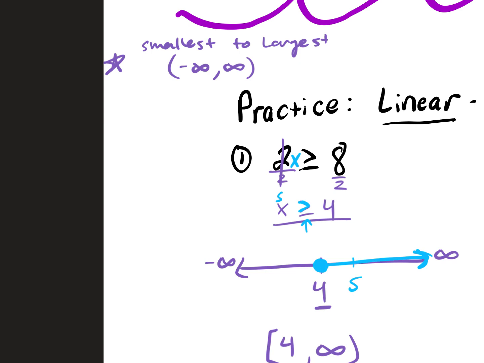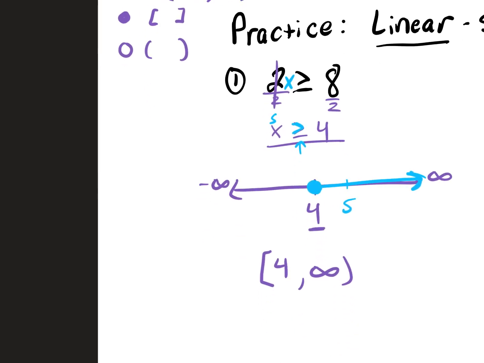And the infinities always get parentheses. If we have a closed circle, that would get brackets. And then if we have an open circle, that point gets parentheses because an open circle is not equal to, so it's not including that point. So we just put parentheses and not brackets. But here 4 had a greater than or equal to. It was a closed circle, so closed circle means that we put a bracket.